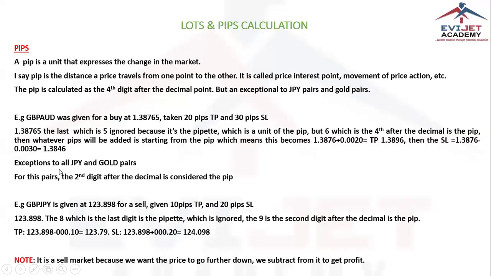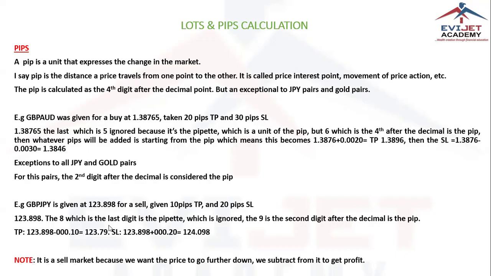So GBPJPY is given at 123.898 for a sell, with 10 pips TP and 20 pips stop loss. In 123.898, the 8, which is the last digit, is the pipette, which is ignored. The 9 is the second digit after the decimal, which is the pip.